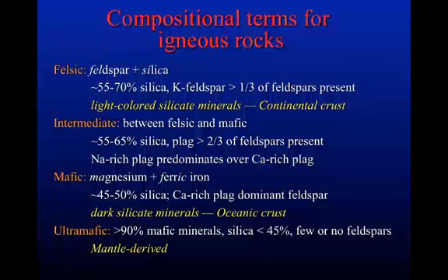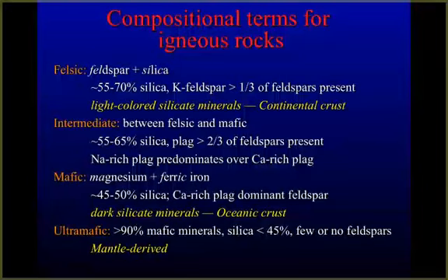Those terms, felsic, intermediate, mafic, we also have an ultramafic rock, which has even more of the mafic minerals and less silica. But those are generic ways that we can classify igneous rocks. And I've just explained that the felsic term comes from the fact that it contains feldspar and silica. We're talking broadly, it's about 55 to 70% silica.